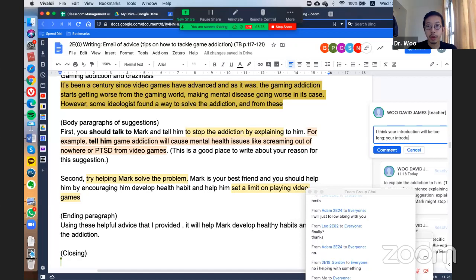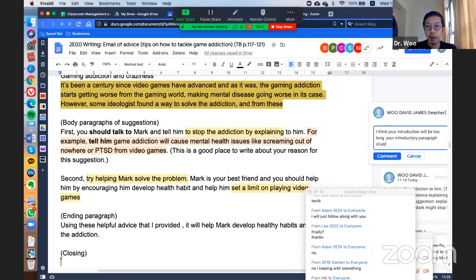Your introductory paragraph should be shorter than your body paragraphs.